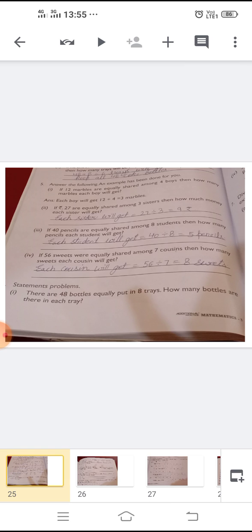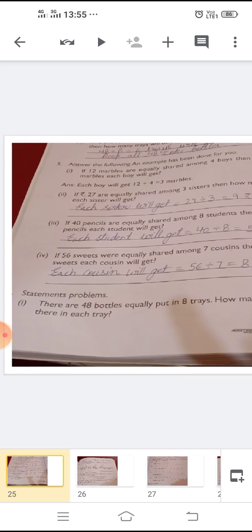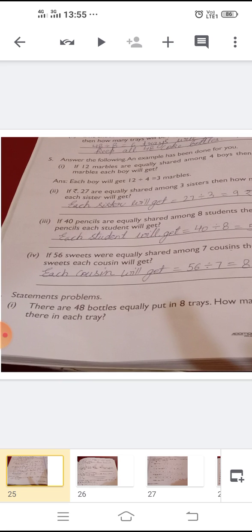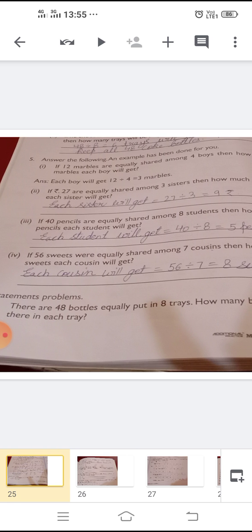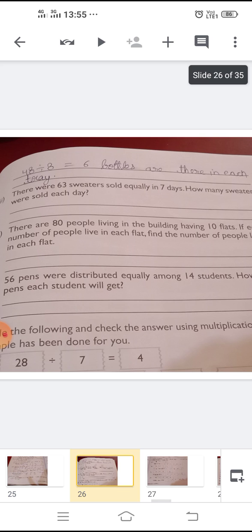So children, today we are going to continue with our 6th question. There are 48 bottles equally put in 8 trays. How many bottles are there in each tray? Let's see.